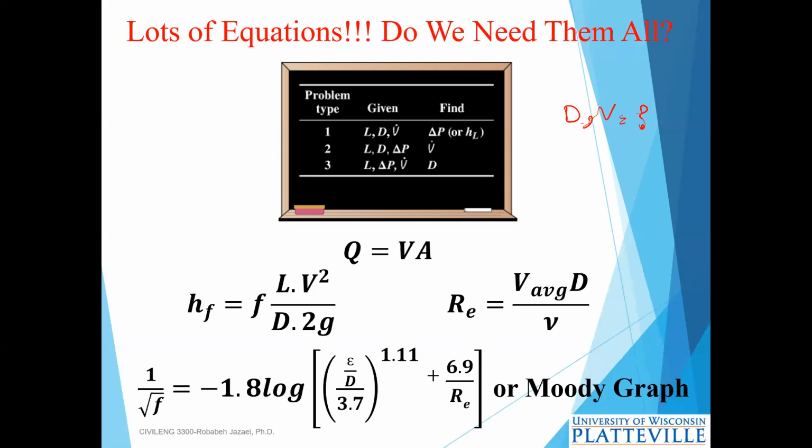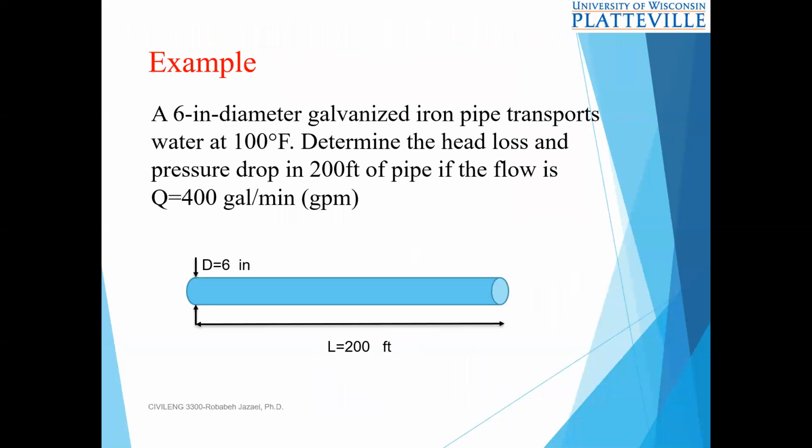All right, as always, let's solve a practical example from internal flow and see how we can design this piping system, or how we can find the head loss or pressure drop. So this is the example that we have. Let's read it and see what is given and what we need to find.